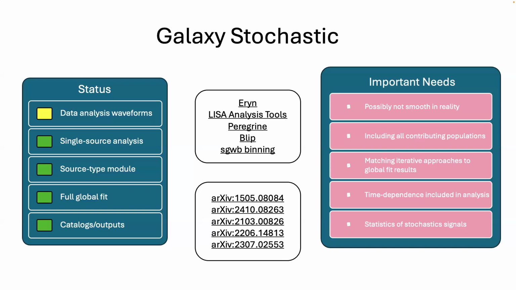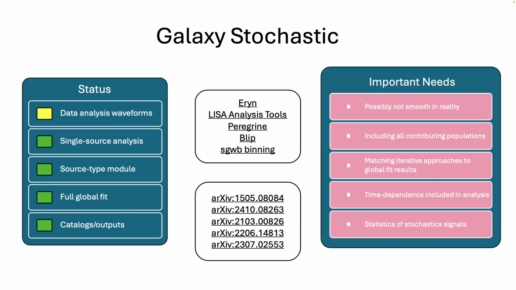And as we fit the global fit, as we work through our outputs and start to understand what we're seeing, there's a really good chance that the foreground signal from the ultra compact binaries in the galaxy is not smooth, and that is definitely true when it comes to some populations like the cataclysmic variables.